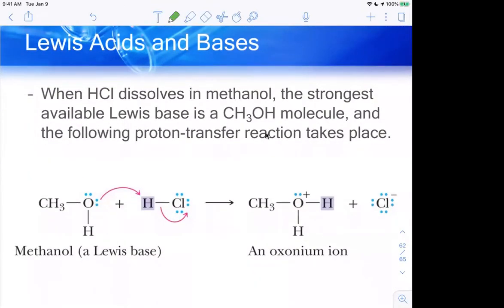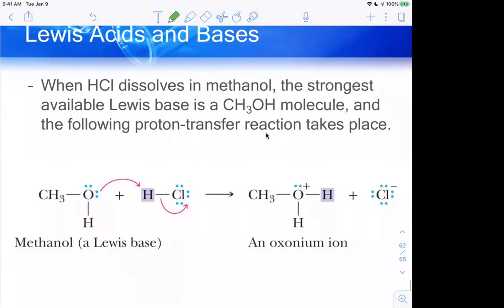What's nice about the Lewis acid-base theory is it does extend to other types of atoms. I don't have to be in an aqueous solution; I can actually look at other things. When we talk about various catalysts for electrophilic aromatic substitution, we're going to look at Lewis acids and bases and how they help reactions proceed.